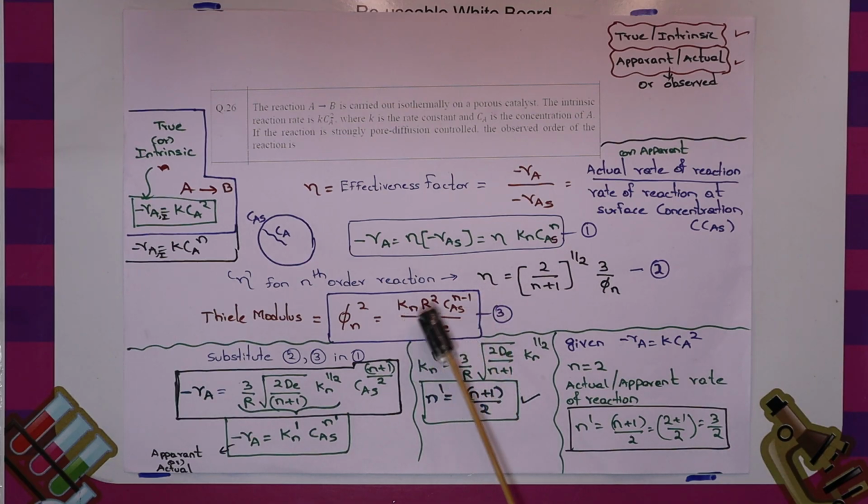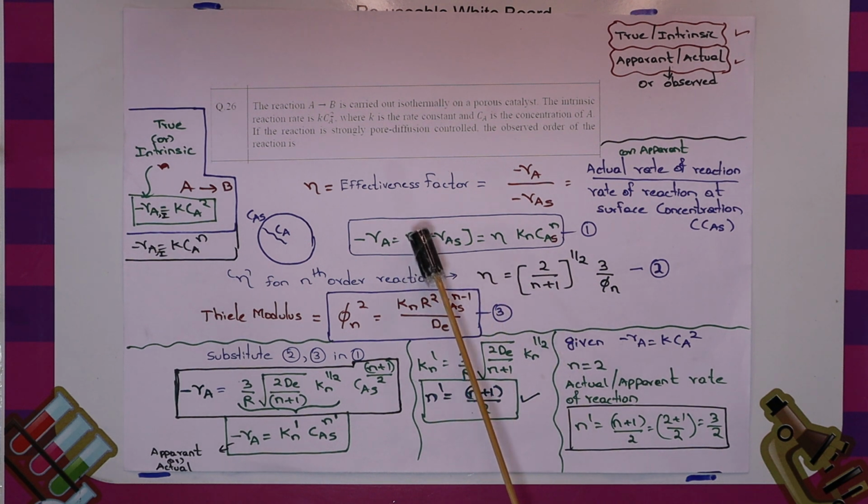Kn is the nth order rate constant, r is the radius of the catalyst, Cas is the surface concentration, n is the order of the reaction, dE is the effective diffusion coefficient. If you know these numbers, you can find the Thiele modulus. Once you know the Thiele modulus, you know the effectiveness factor. Once you know the effectiveness factor, you can calculate the rate of reaction.